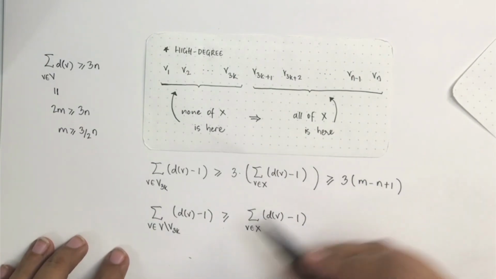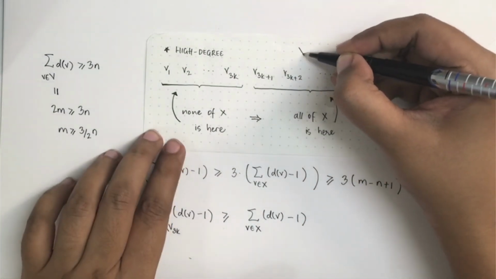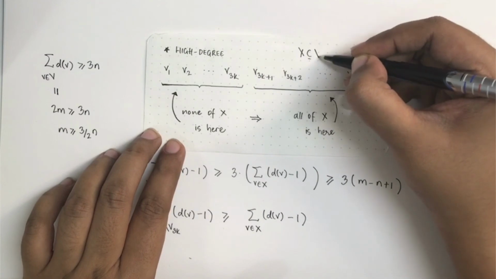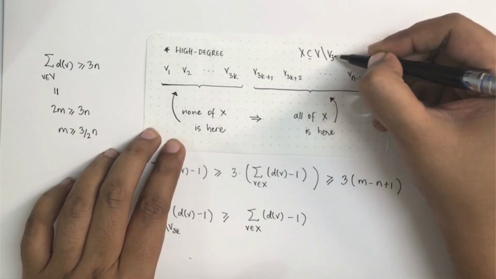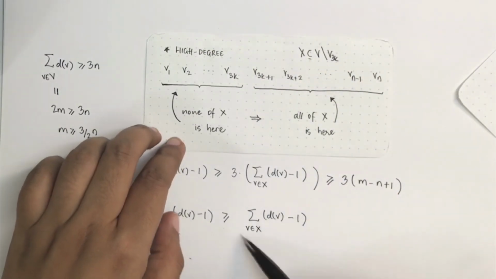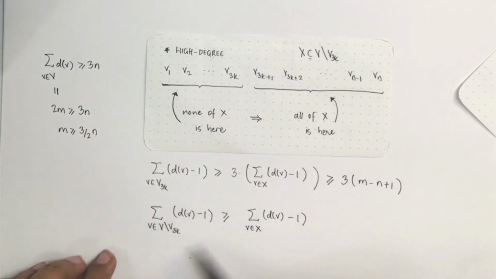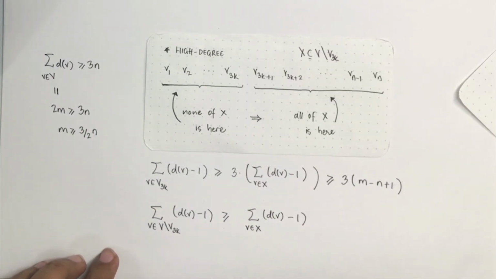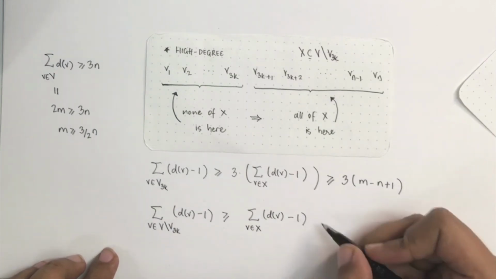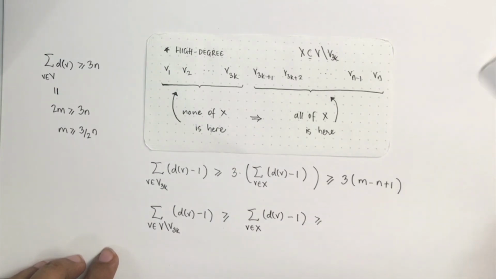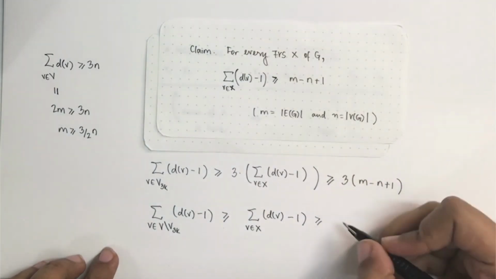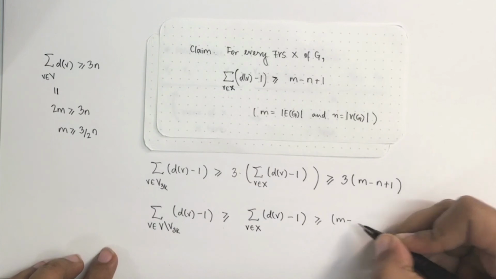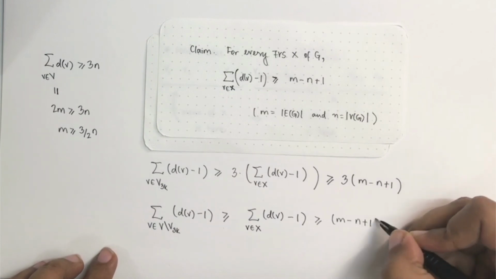This is because X is a subset of V minus V_3k. So literally every term here is also here, and maybe there are some more terms. Since every term is non-negative, this works out fine. Applying the same claim as before, we have that this is at least m minus n plus 1 as well.